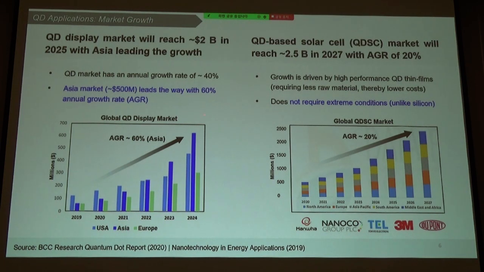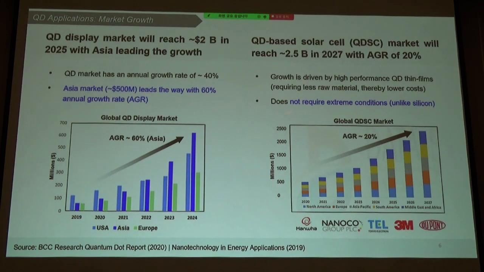This is the QD market itself, but if we look more specifically at QD-based solar cells, the annual growth rate over the next few years is expected to be quite high. So that's why it's a preferred approach these days.